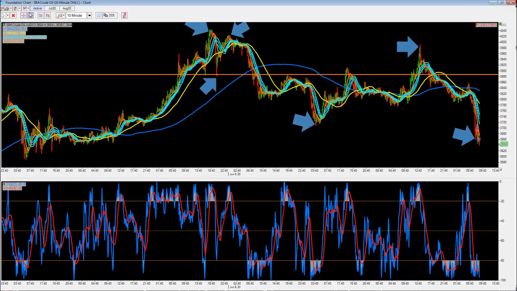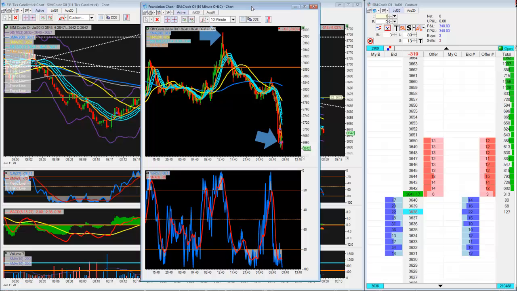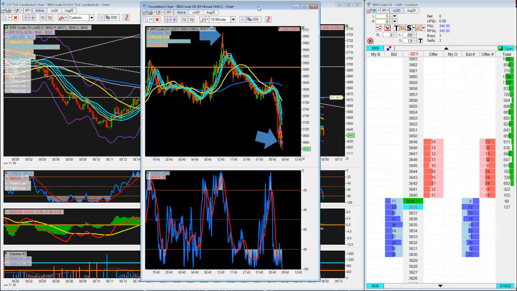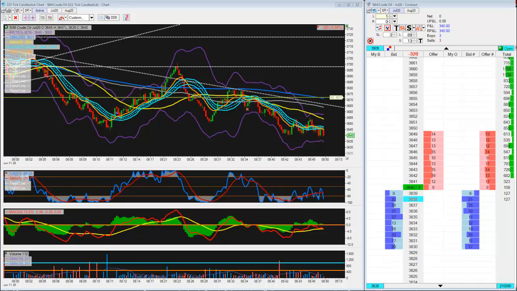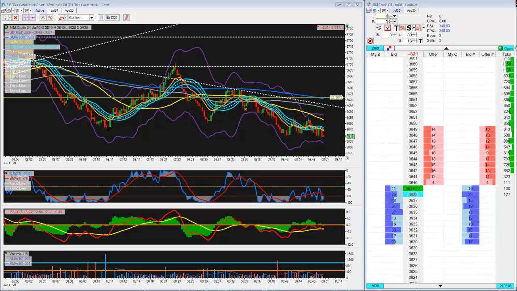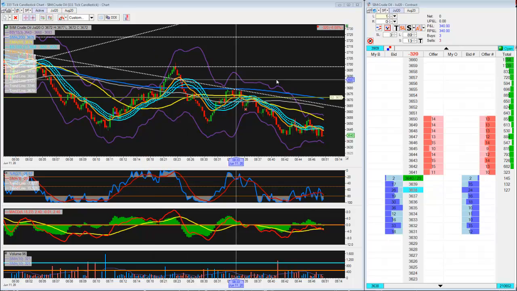This is our foundation chart that I've been working with. Same things over and over again. Lows are just barely pressing right here. We'll fix that 10-minute chart later.